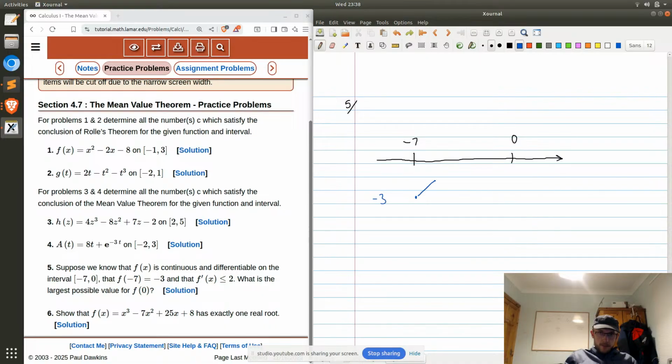Then it's a straight line where m equals 2 and x1, y1 is -3, -7, and y minus y1 equals m times x minus x1.